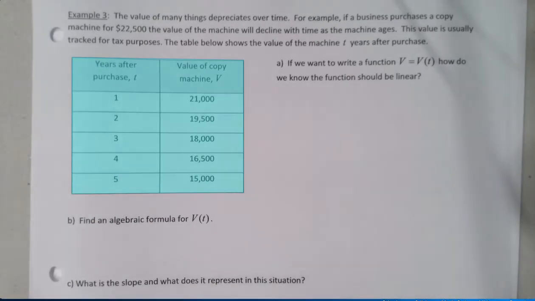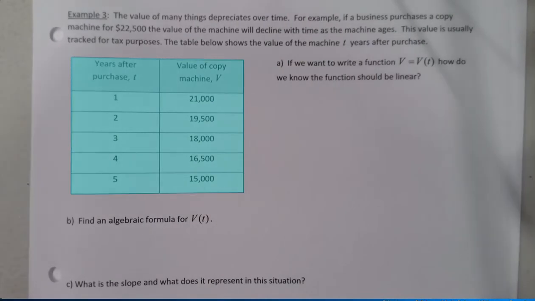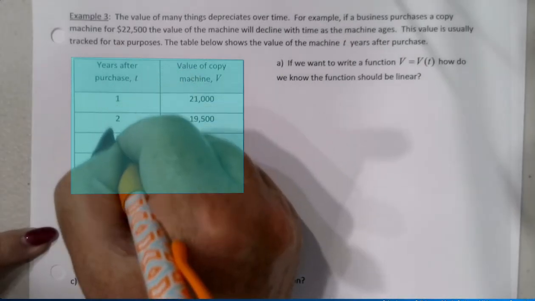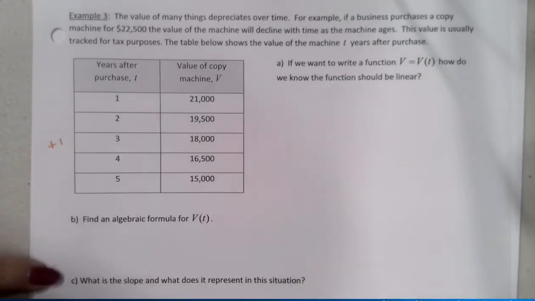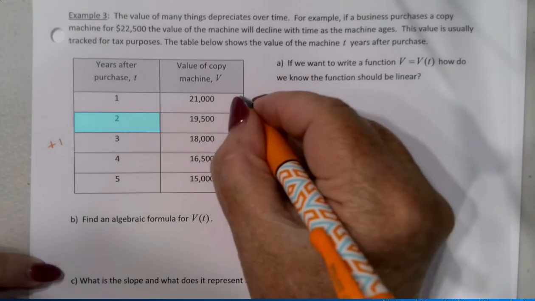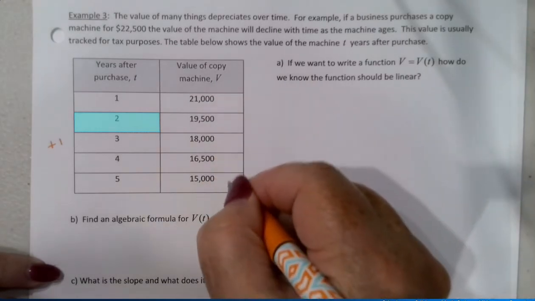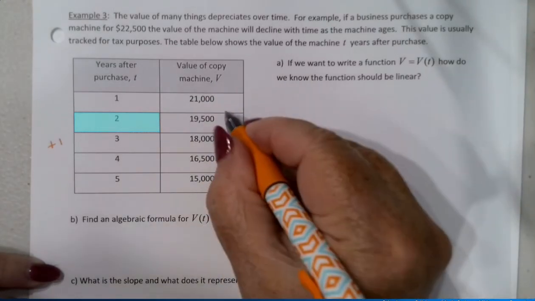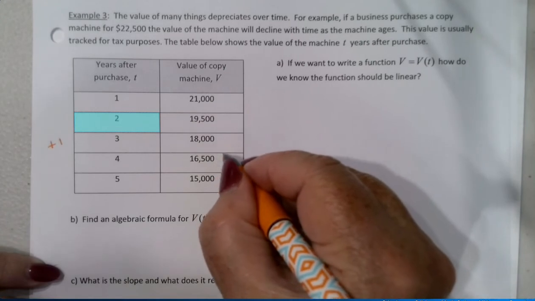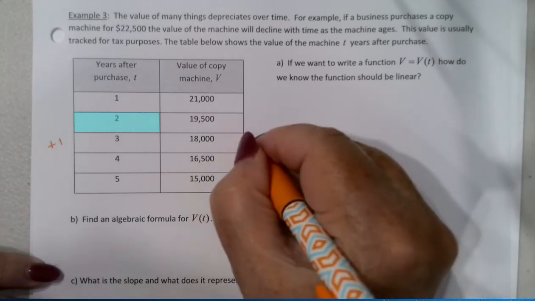So first of all, if I want to write a function, v equals v of t, how do I know this function should be linear? Well, the table tells me it's linear because of that constant rate of change, right? When the inputs, the t values, go up by 1, what happens to the value of v? Looks like we're subtracting $1,500 every time.